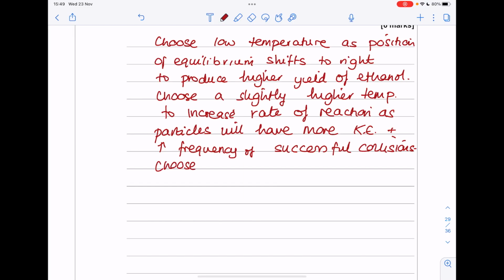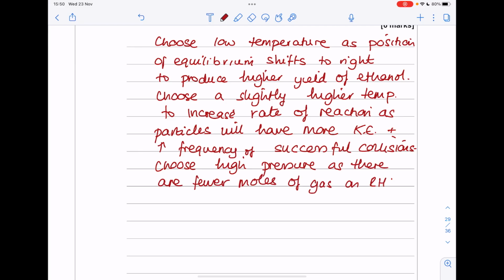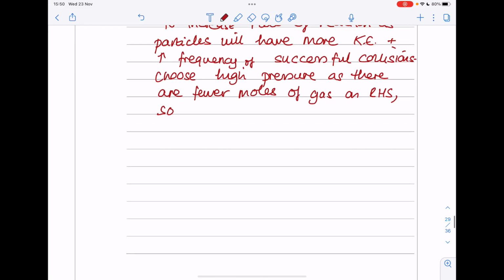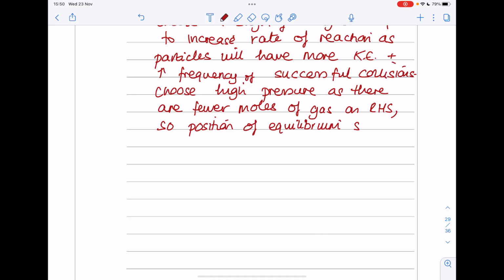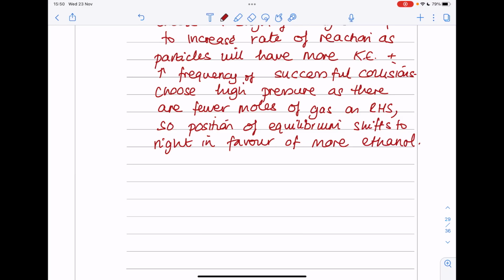So choose high pressure, as there are fewer moles of gas on the right-hand side. So the position of equilibrium shifts to the right in favour of more ethanol. High pressures also mean high rates of reaction due to increased frequency of collisions.